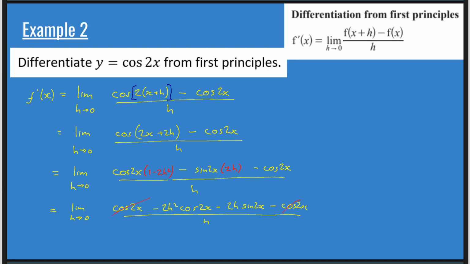Should always happen, as I said. Now I'm going to divide through by h, which gives me minus 2h cos 2x minus 2 sine 2x, which I'd write underneath, but I've got no room left, have I? That equals minus 2 sine 2x, because this will go towards 0.